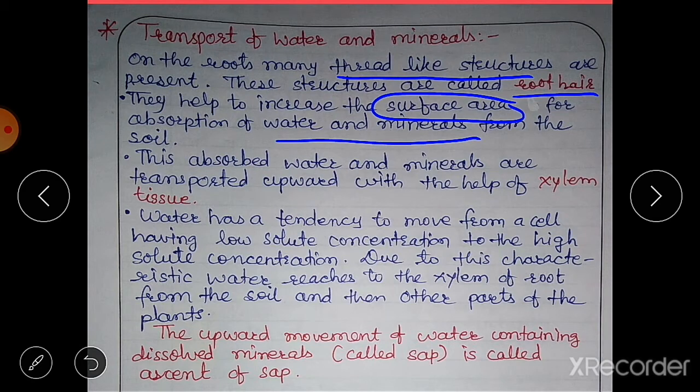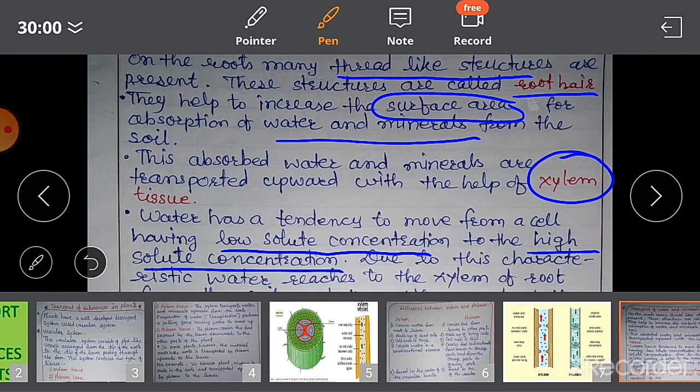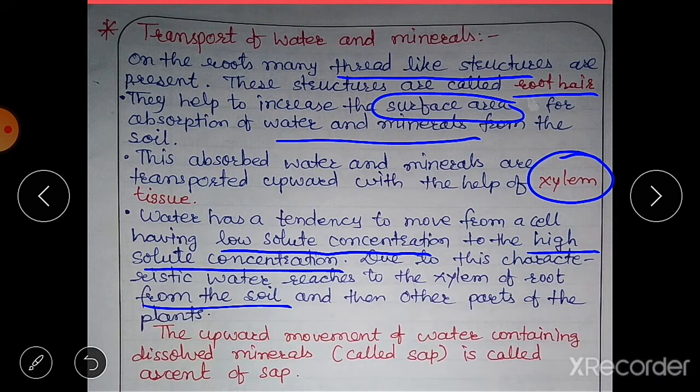These absorbed water and minerals are then transported upward with the help of xylem tissue. Water has a tendency to move from a cell having a low solute concentration to a high solute concentration. Due to this characteristic of water, it reaches the xylem of the root from the soil, and then the other parts of the plants.